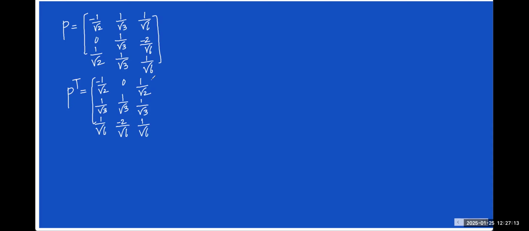After getting P transpose, now our main work will start. If you want to get the value of the diagonal matrix, your verification will be P transpose, A and P. If you multiply these three matrices, P transpose is here, P is here, and A is our given matrix, your final answer should be 2, 0, 0, 0, 3, 0, 0, 0, 6.